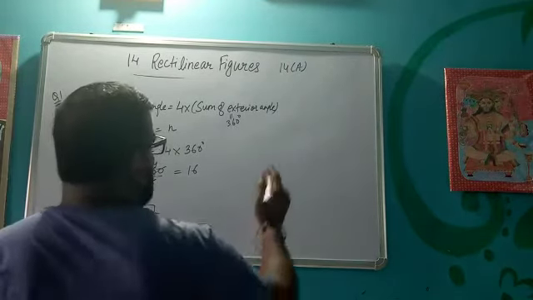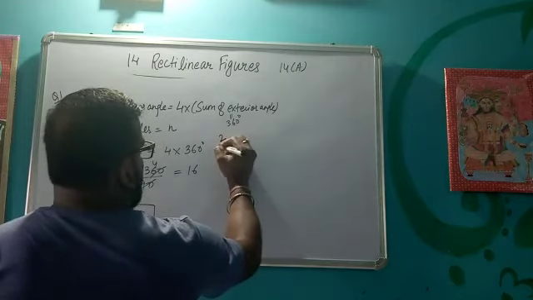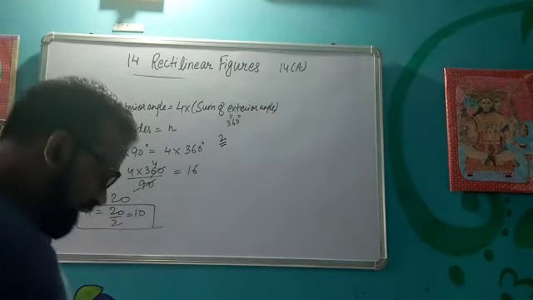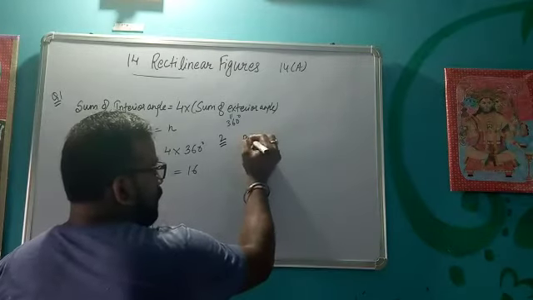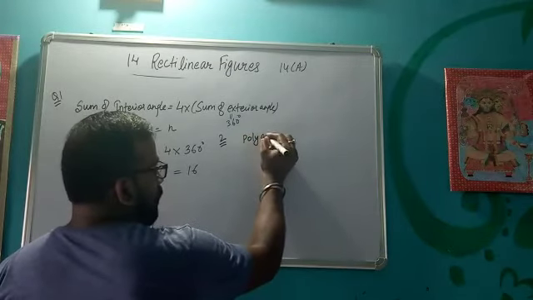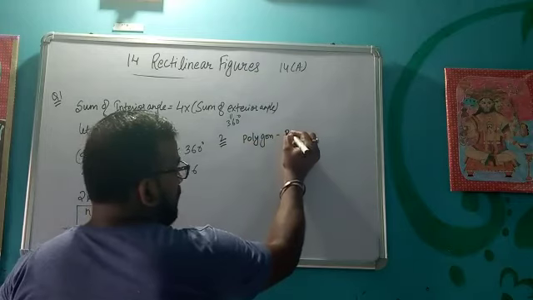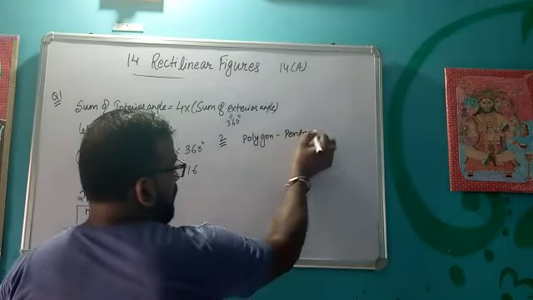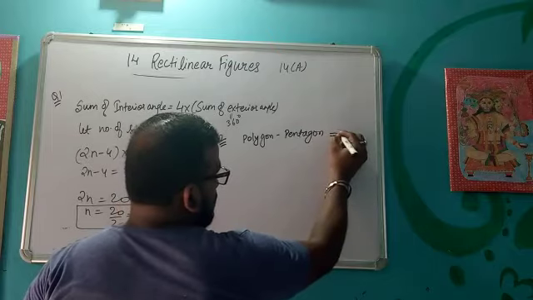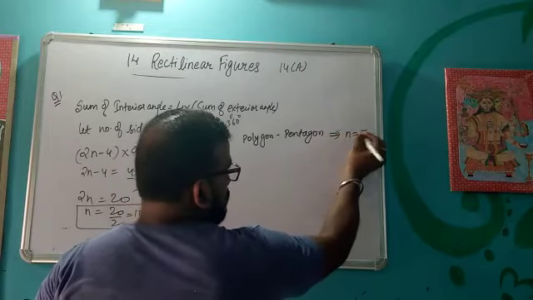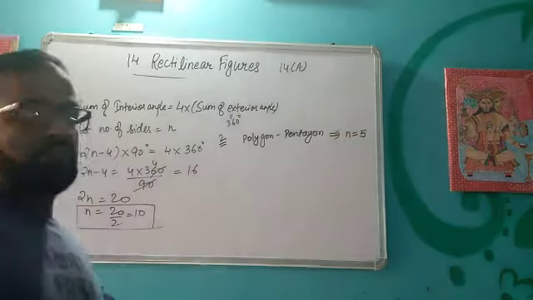Then in question number 2, the angles of a pentagon. So what is our polygon in this? The polygon is a pentagon, which means n is equal to 5, that is, the number of sides is 5.